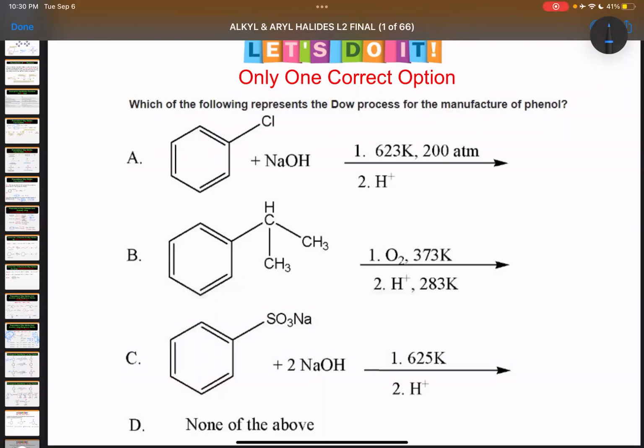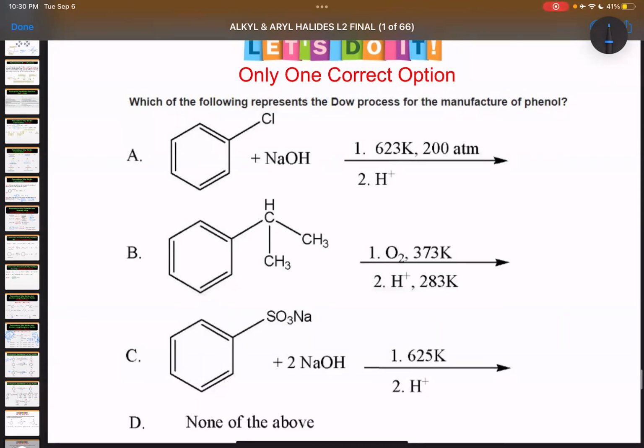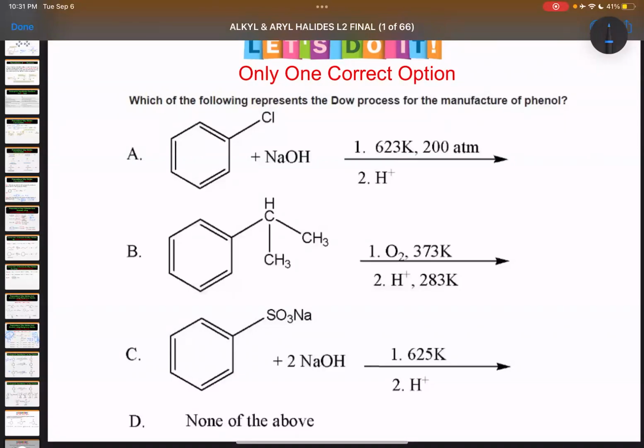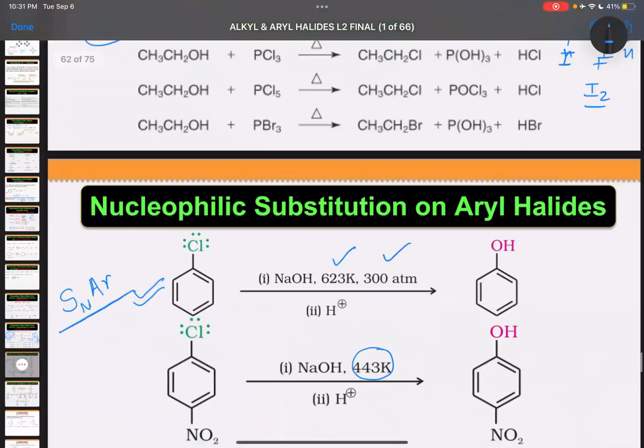Dow's process. Sir, you know it. D. No, A. The one which we discussed just now. That is Dow's process only.